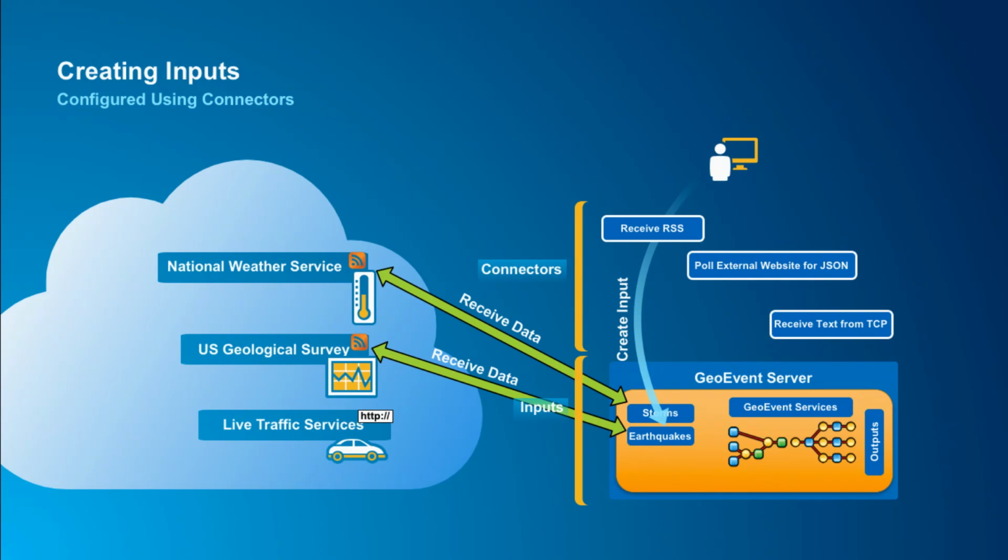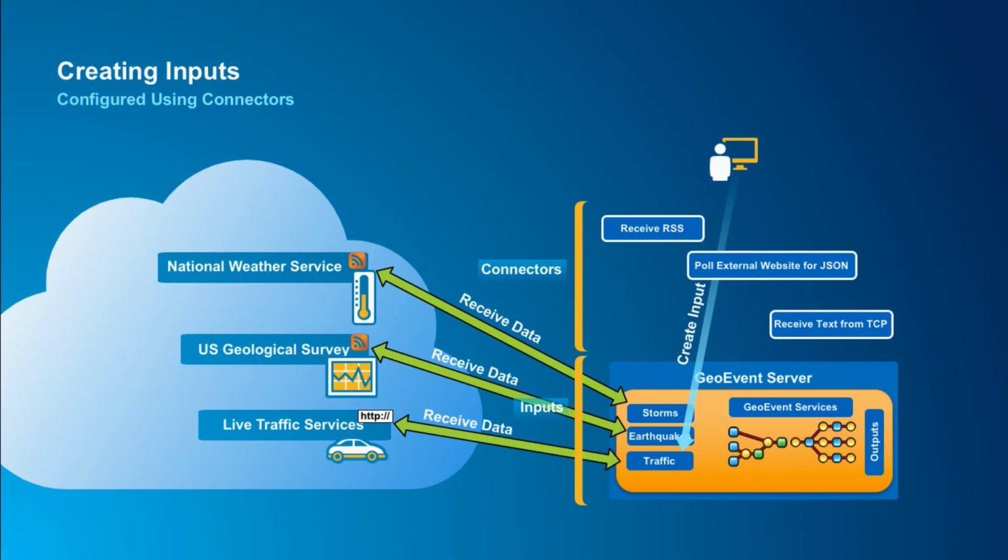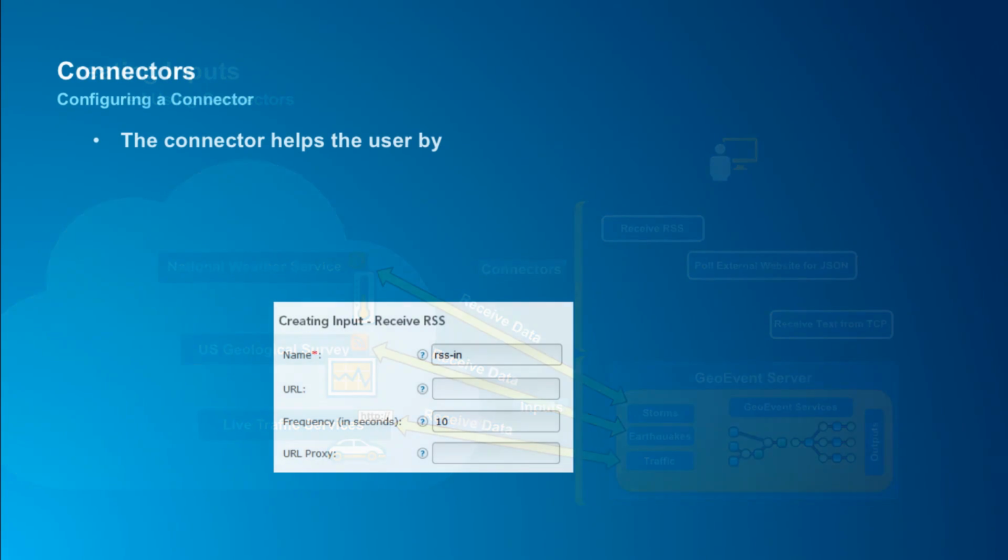Now he looks at the live traffic service and sees that they provide content in JSON format over a web page. So he uses the pull external website for JSON connector to create a third input called traffic to receive data from the live traffic service in JSON format. So the user is done with creating the inputs, and the inputs are continuously receiving data from these sources.